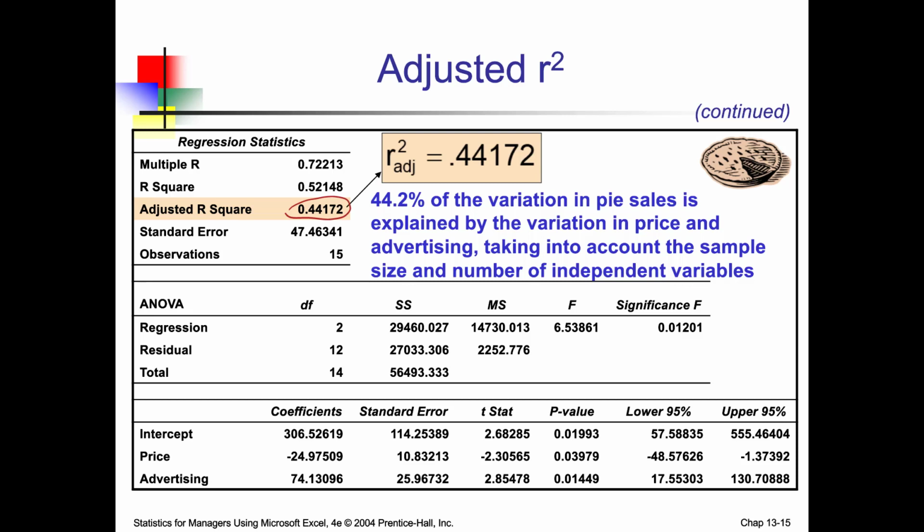So in this case, adjusted R squared tells us 44.2% of the variation in pie sales is explained by the variation in the price and advertising spending, taking into account the sample size and also the number of independent variables used in the regression model. As you can see, adjusted R squared is smaller compared to R squared. And that's how we interpret adjusted R squared.